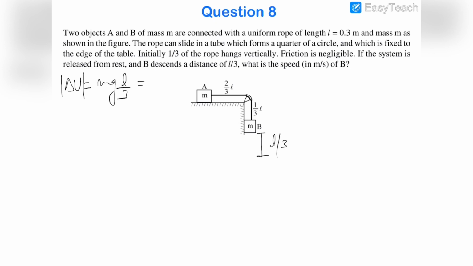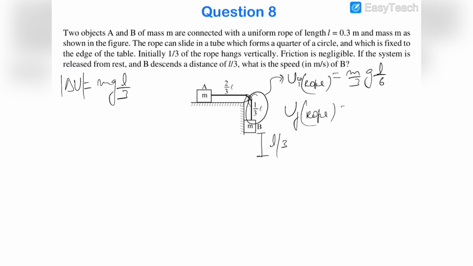We can say that this is work done by mg on this block B, as well as the initial potential energy of the hanging rope, U initial of rope, which is equal to m by 3 g L by 6, and U final of hanging rope will be equal to 2m by 3, because finally 2L by 3 length of the rope will be hanging, so its center of mass would be at a depth of L by 3. So this is L by 3.